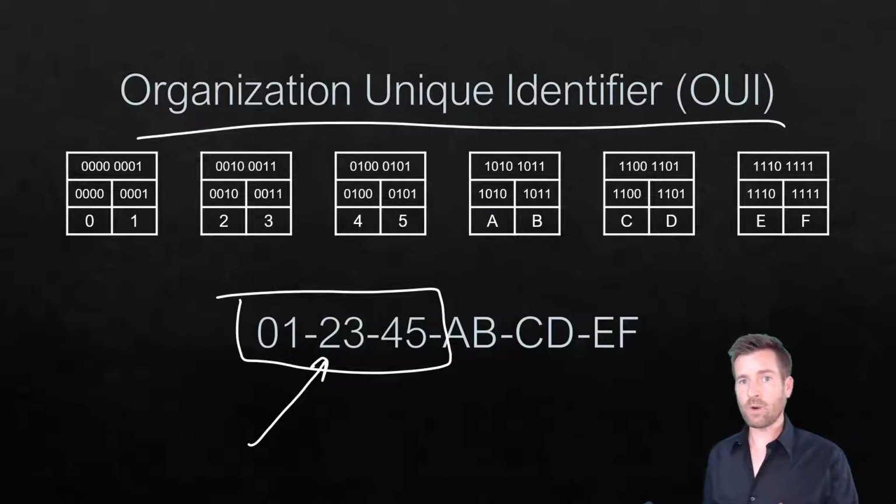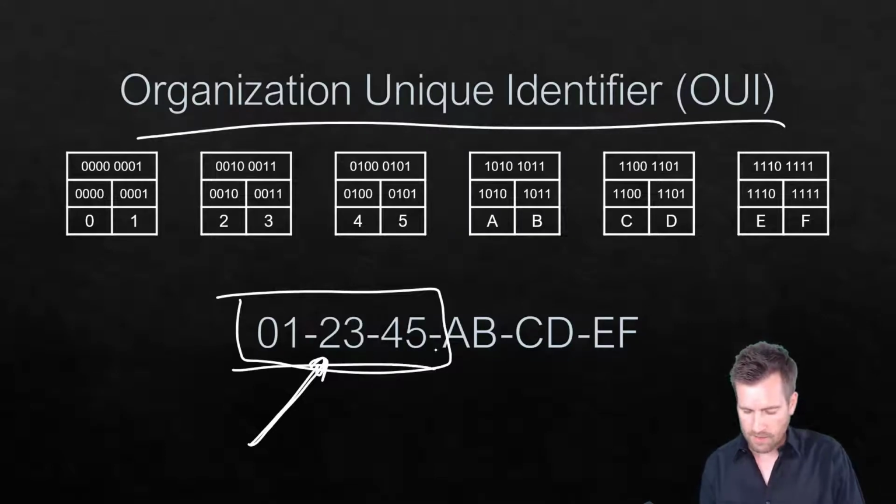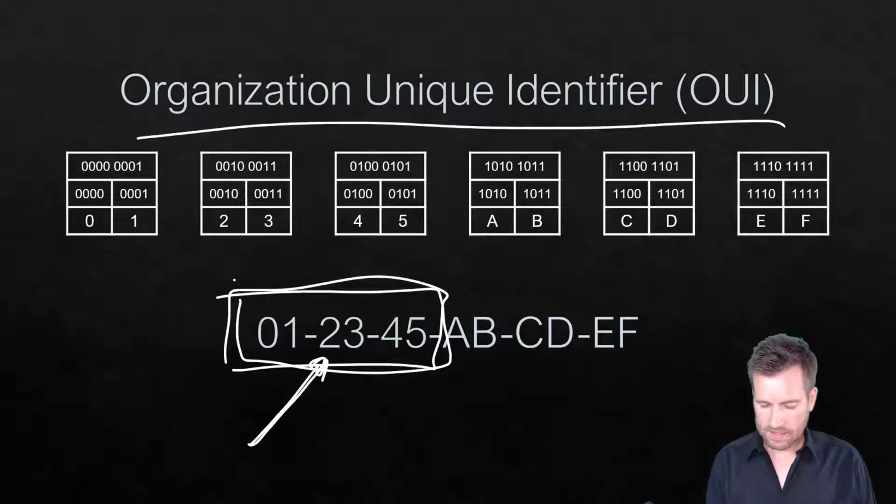So let's say you are a vendor, you are a manufacturer, you develop and send out some sort of device that has a network interface card on there that requires a MAC address. You would go and register and get a 3-octet number that would be designated for you.